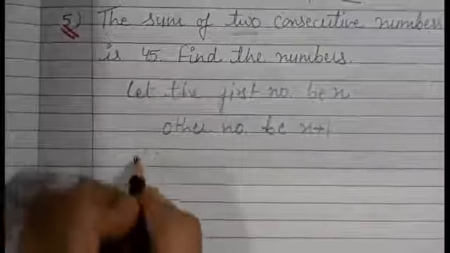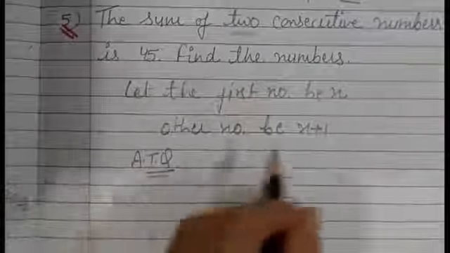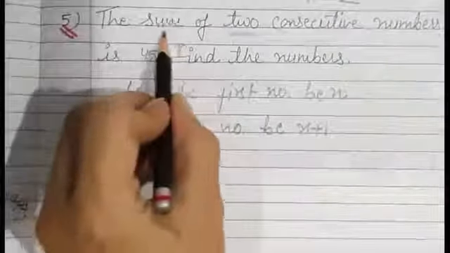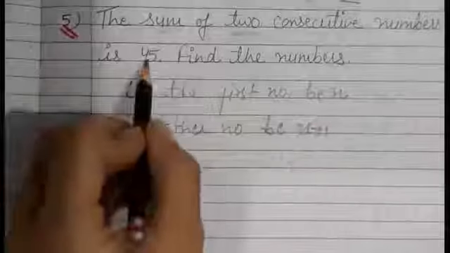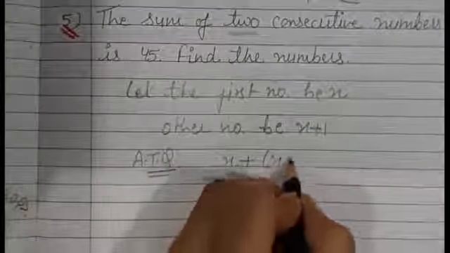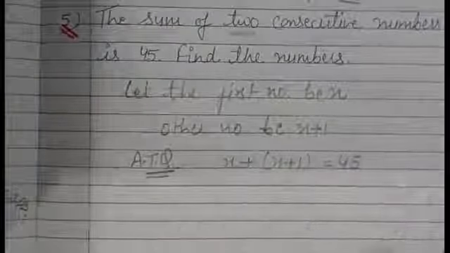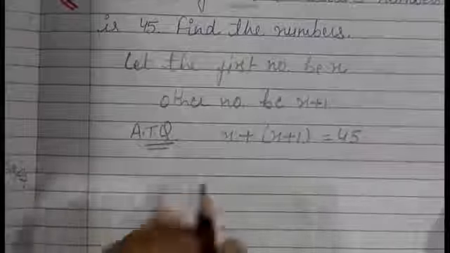Clear? So now according to the question, make the equation. The sum of these two numbers is 45. So x plus x plus 1 is equal to 45. Now solve this equation.